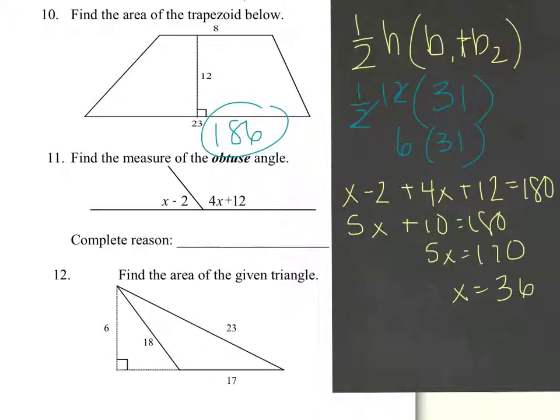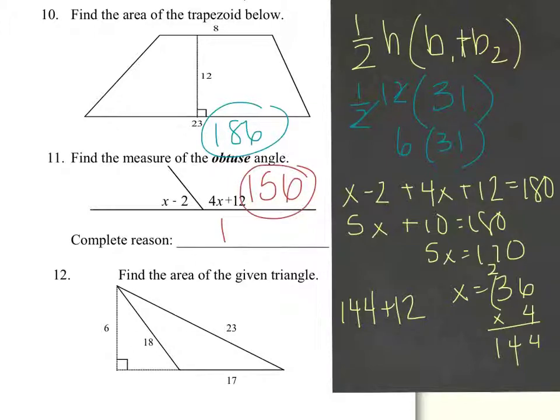For the obtuse angle, I would need to multiply that by 4, which gives me 136, and 136 plus 12 is equal to 156. For the complete reason, I would use linear angles are supplementary.